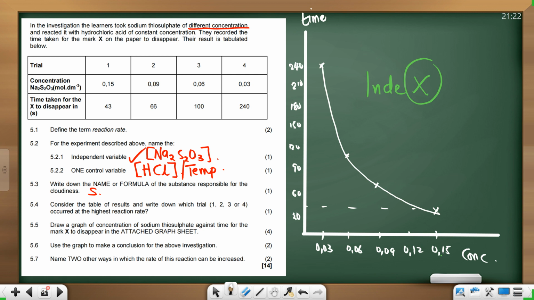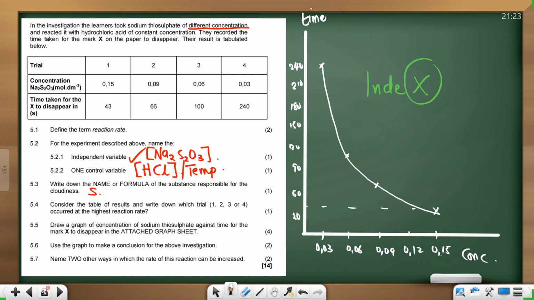Great. Name two other factors. Name two other ways in which the rate of reaction can be increased. What do you want to tell me about 5.7? Two other ways. What can we do to increase the rate of the reaction here? What can we do?